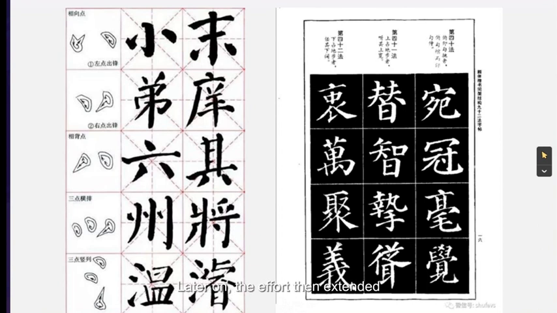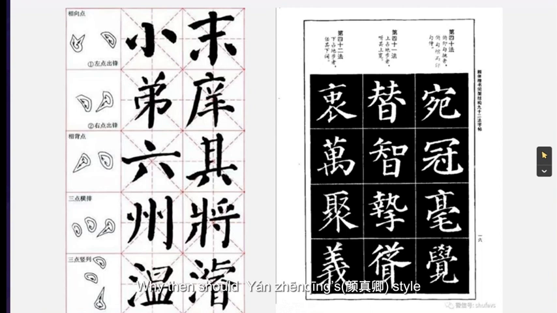Later on, the effort extends to writing practice in different styles. In the first stage of practicing calligraphy, a student usually gets a copy of a steady rubbing to use as a model for copying, by Yan Zhenqing, a great master from the Tang Dynasty.